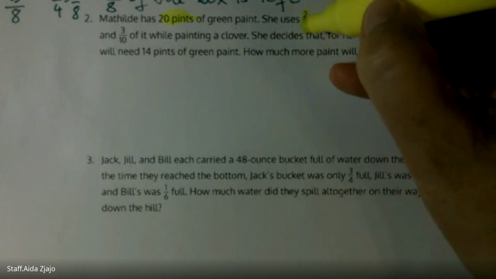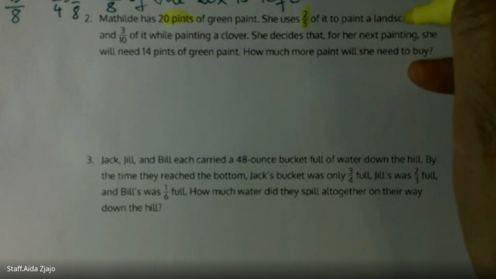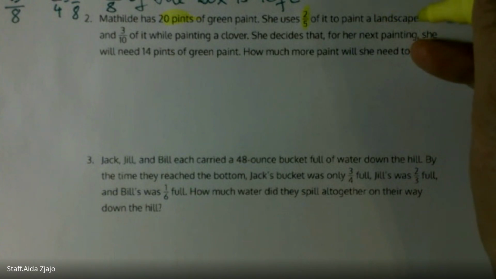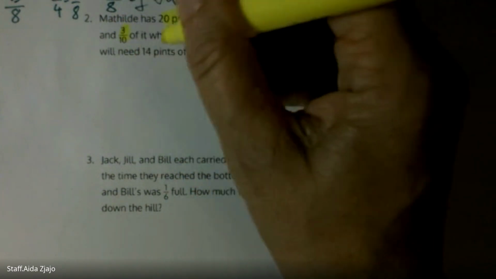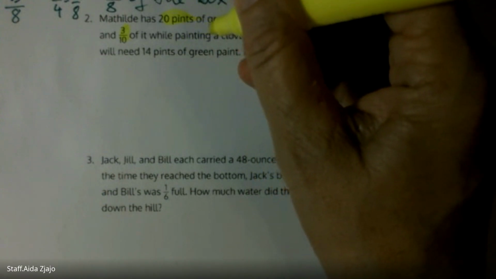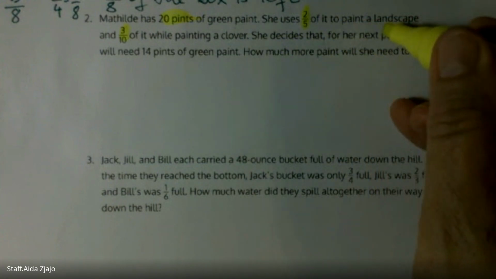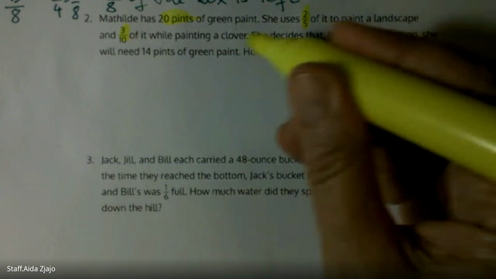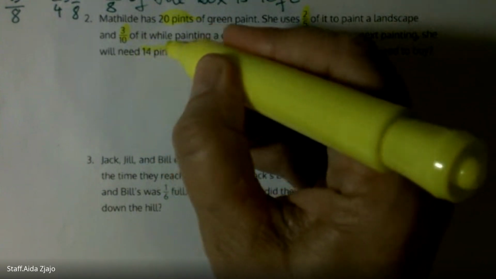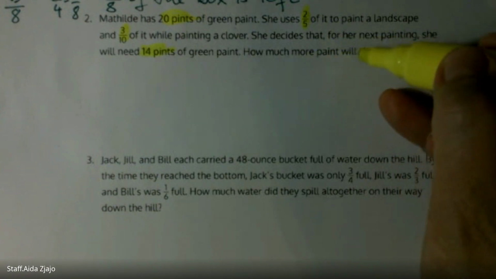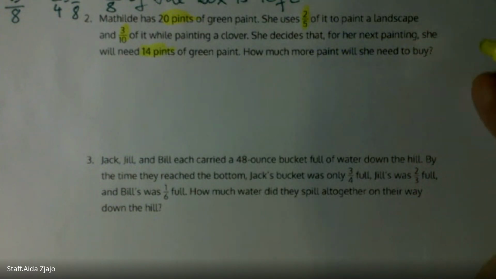She uses 2/5 of the paint on a landscape and 3/10 of it on a clover while painting a flower. She decided that for the next painting she will need 14 pints of the green paint. How much more paint will she need to buy?